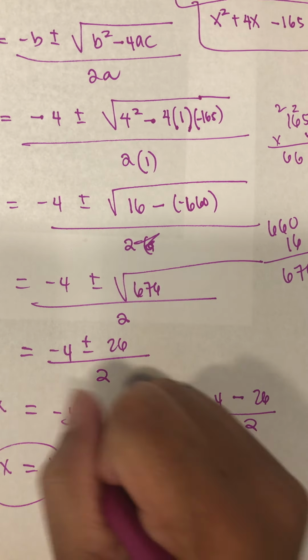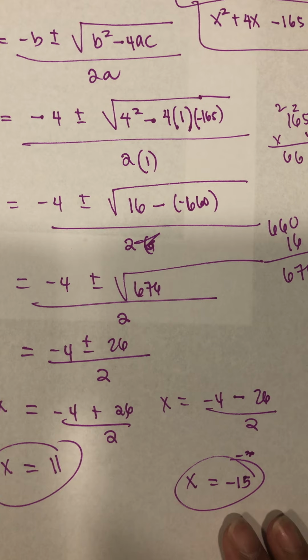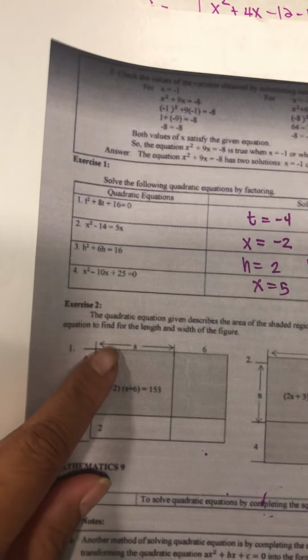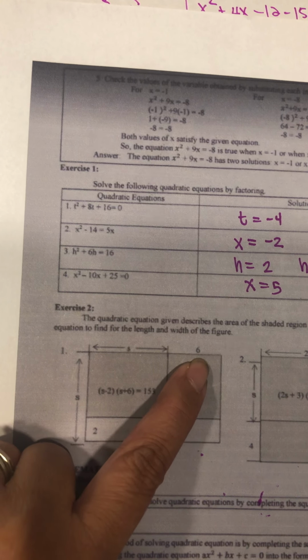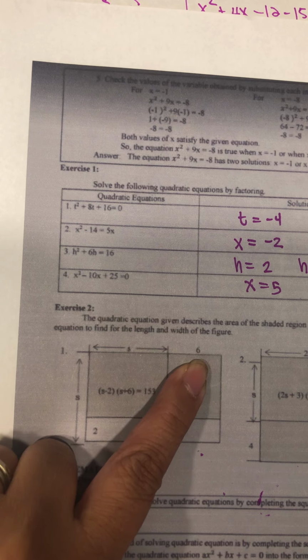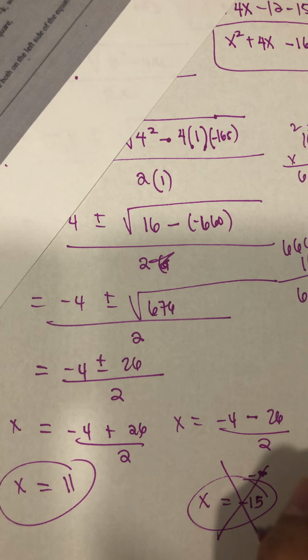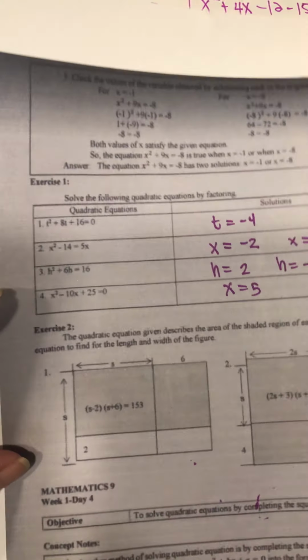All right, so let's get back to that problem. If S is negative 15, negative 15 plus 6 is negative 9, so we can't have a negative. So this is not the solution. The solution is 11.